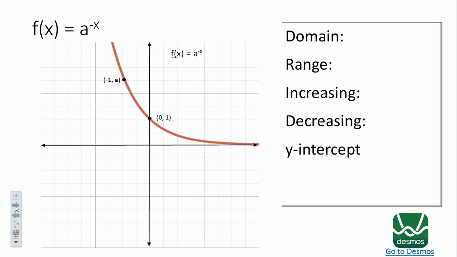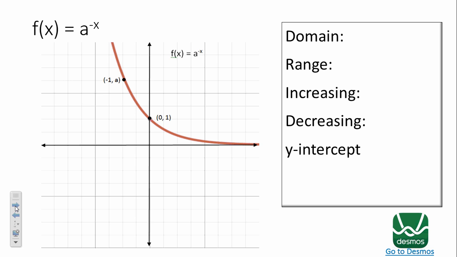Here is f of x equals a to the negative x. So this is the point negative 1, a.